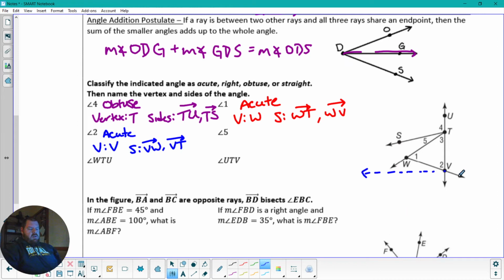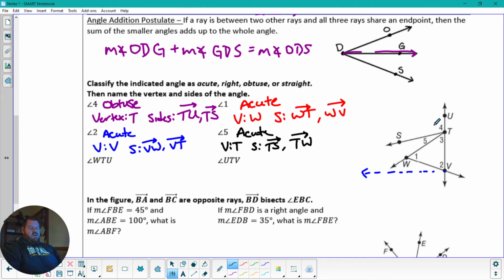The next one's angle 5. That's another acute angle. It's really small, so it's also acute. Its vertex is T, and its sides are TS and TW. Now we get into some 3-letter combinations. I'm going to try to mark these out a little bit.